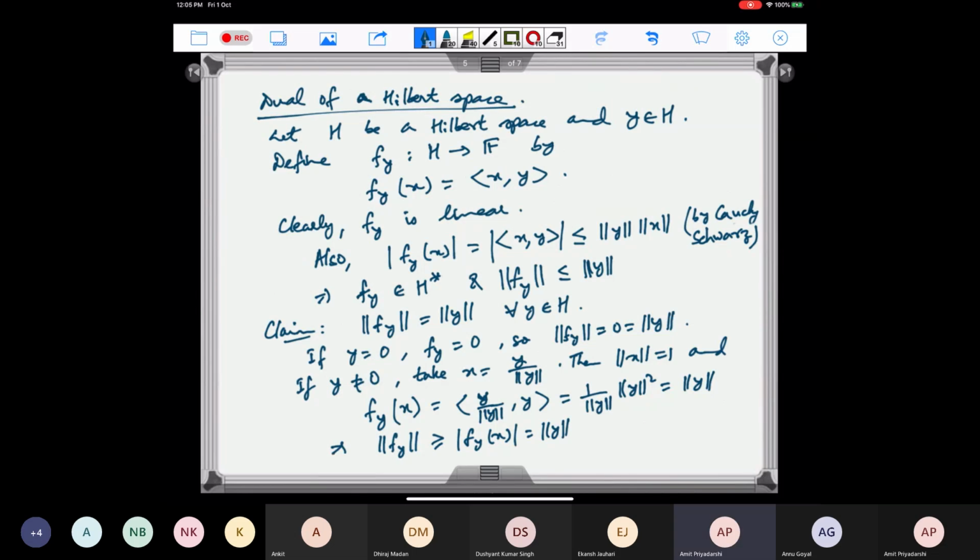That means you have to check whether, if I take f sub y1 plus y2 applied on any x, it is x with y1 plus y2. So that is the same as f sub y1 plus y2 is equal to f sub y1 plus f sub y2.